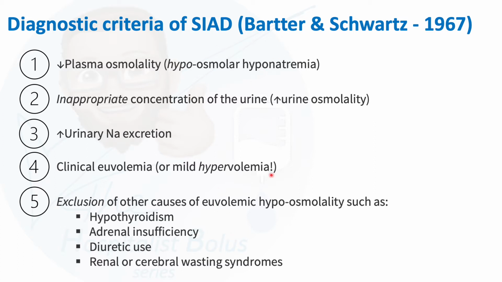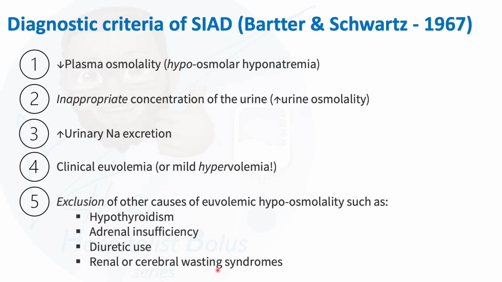We talked about diuretic use and the loss of salt in the urine and how it can sometimes mimic SIADH. Although a patient who has excessive use of diuretics might be hypovolemic rather than euvolemic, sometimes they might be euvolemic and look like SIADH. Urine sodium and urine osmolality also will be high in these patients.